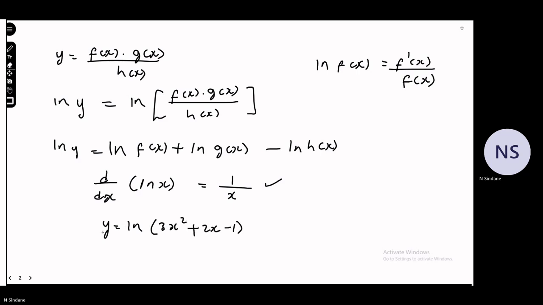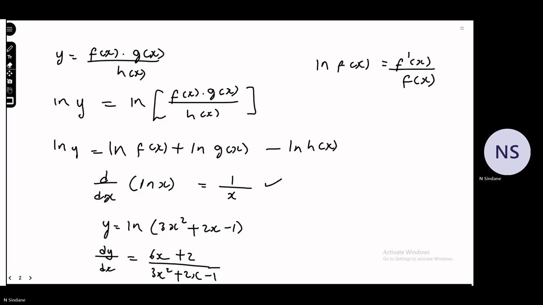Differentiating this, you will have dy over dx equals, I'm going to differentiate my function. Differentiating 3x squared, I get 6x. Differentiating 2x, I get plus 2. Divide by my function, which is 3x squared plus 2x minus 1. That is how I'm going to deal with differentiating that.